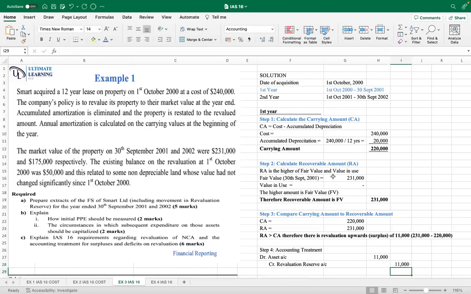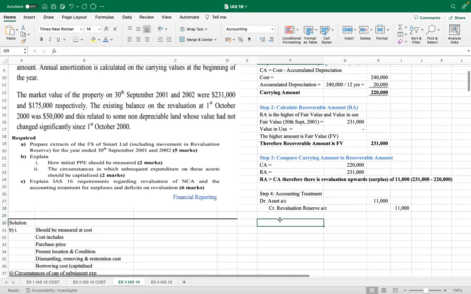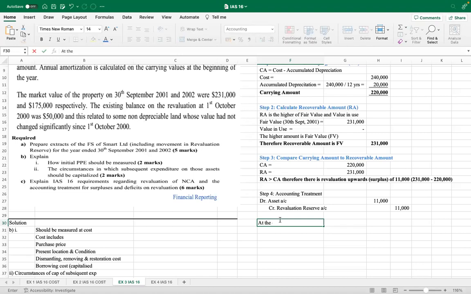Now at the end of year 1, there should be a transfer. Remember the last point on rules of revaluation.